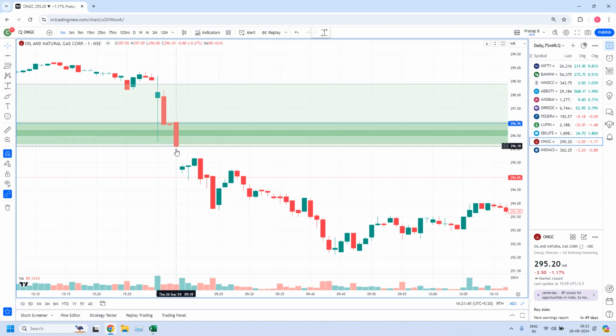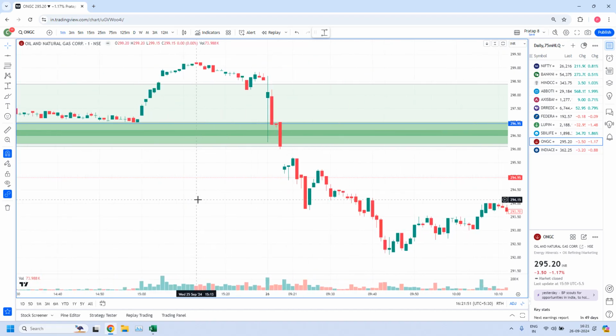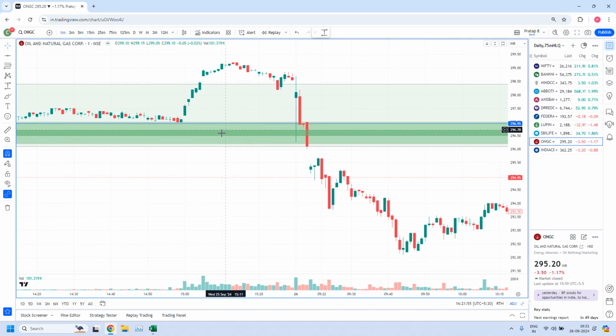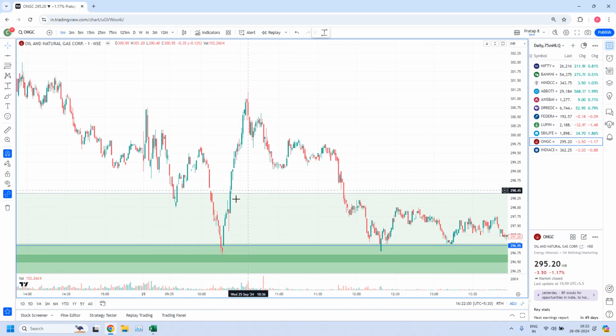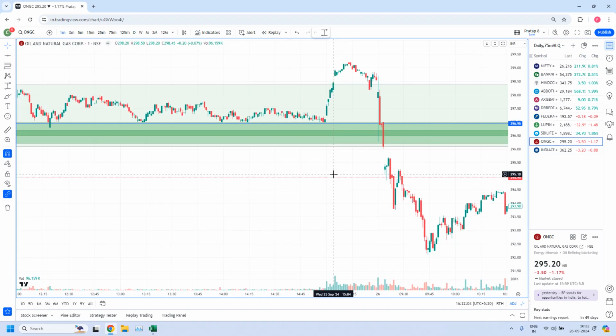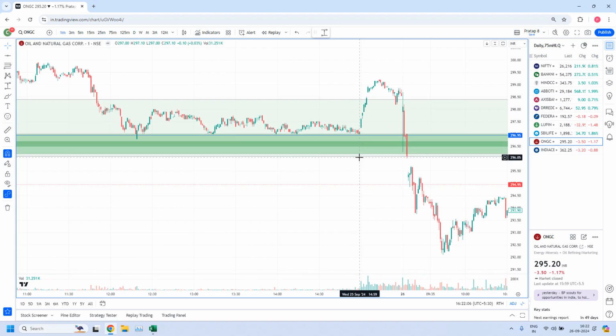After that, in the following candles, the zone is completely violated. So even if anybody wants to plan a trade a second time, you won't get a chance. But anyway, as per the rule, the zone is tested. Taking a second trade is at your own risk. Otherwise, there are higher chances the zone will be violated. That is what happened.